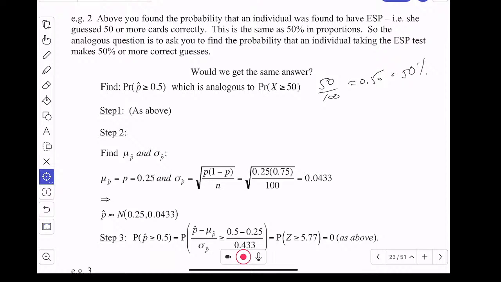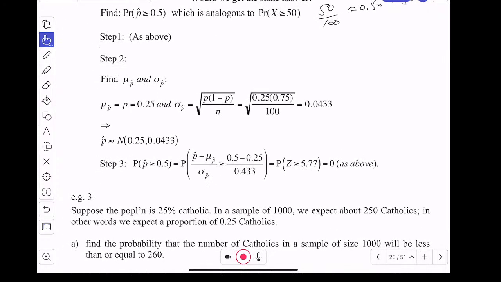Now let's find the new mean and standard deviation for this p hat. The mean is just p, and the standard deviation is calculated as 0.0433. So now I can use it to standardize, and I get the same answer as above.